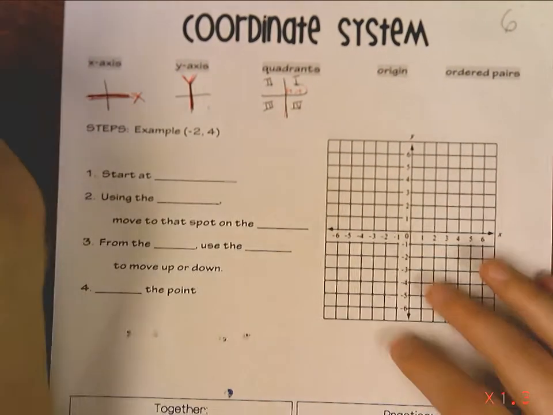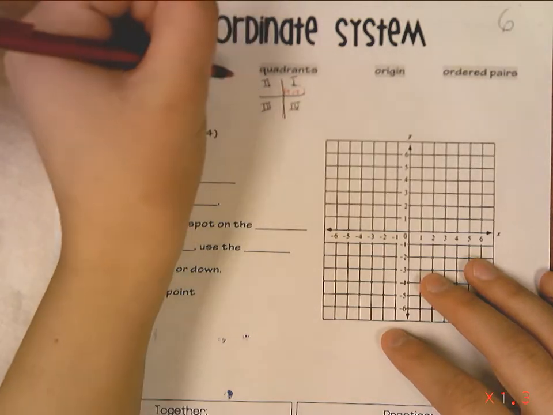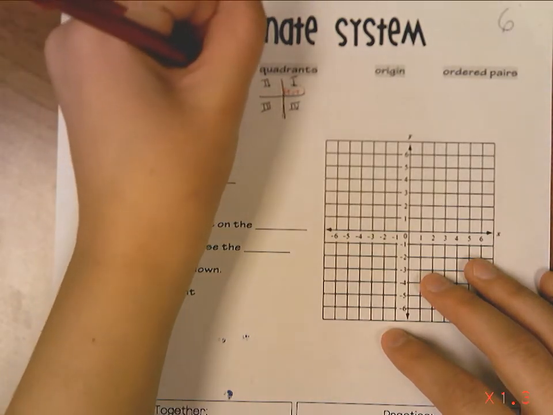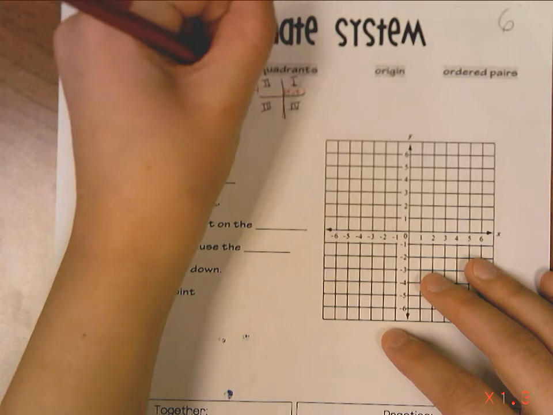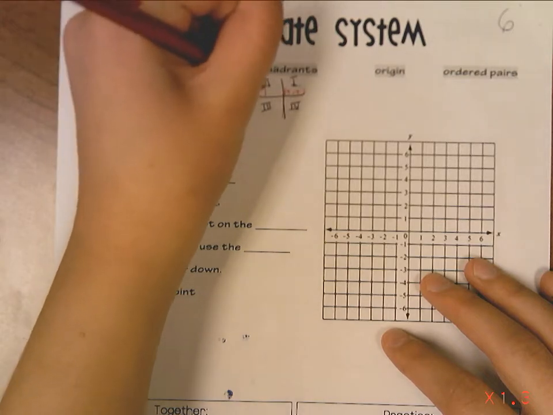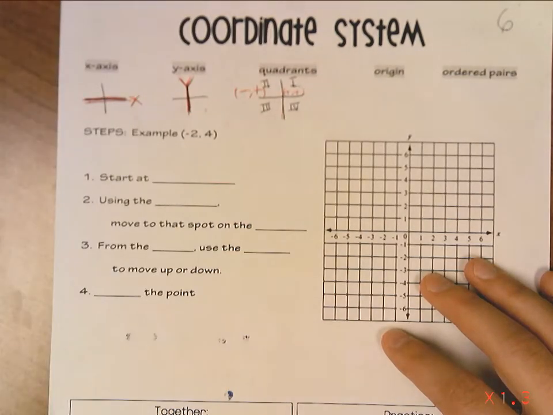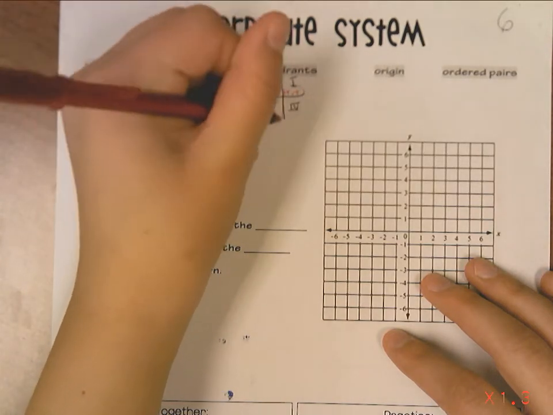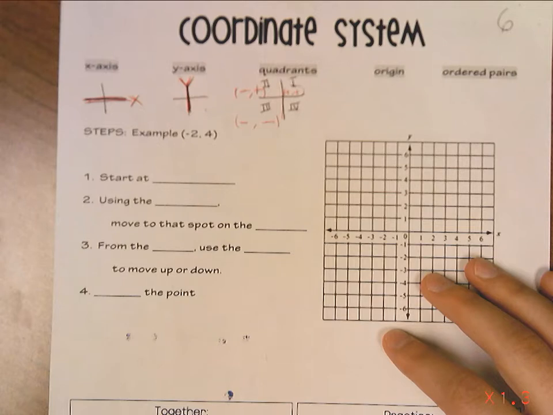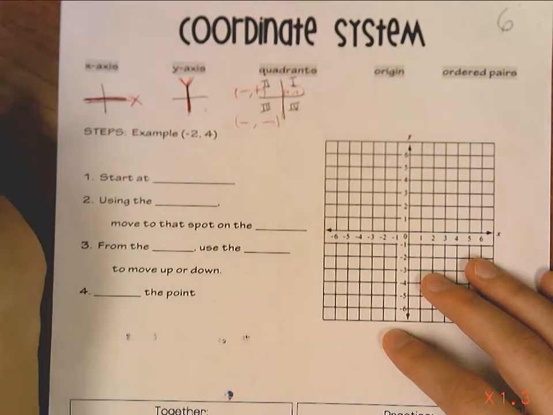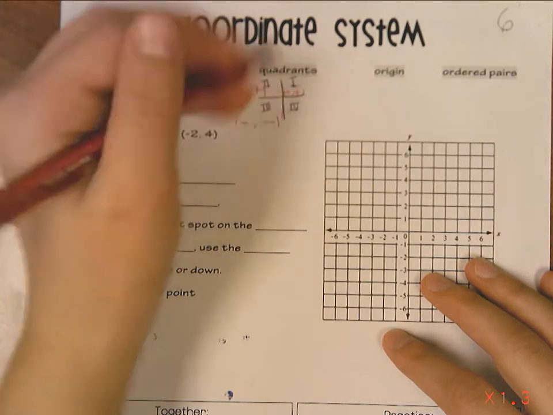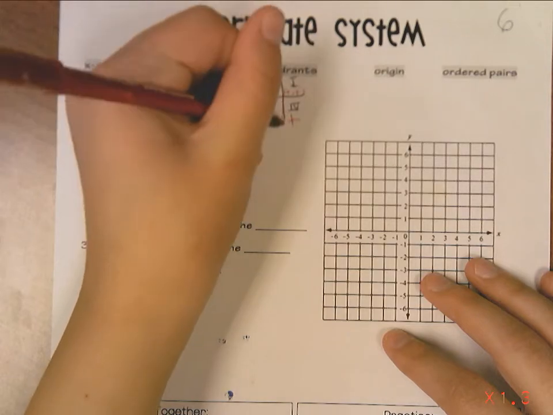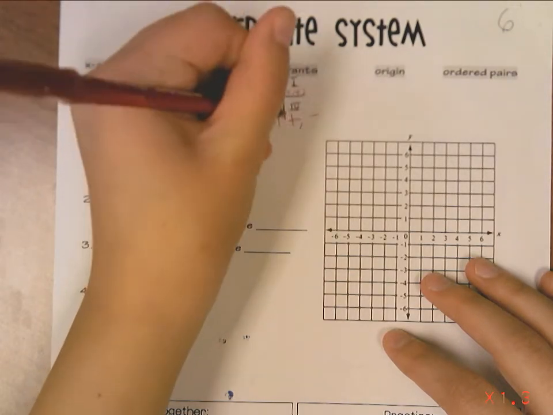I'll write it bigger over here. If you're in quadrant 2, your x is negative, your y is positive. If you're in quadrant 3, it's negative, negative. And if you're in quadrant 4, your x is positive, but your y is negative.